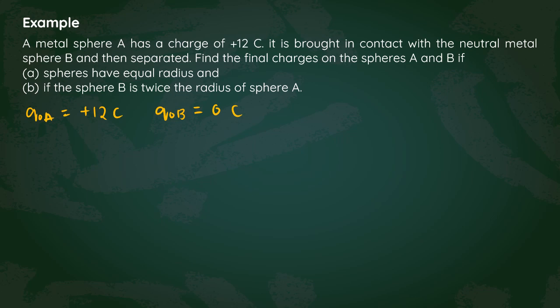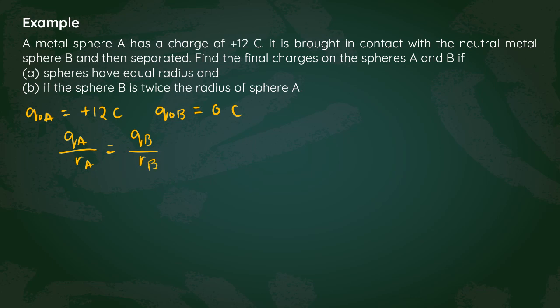Now, the radius is still proportional to the charge of the sphere. So again, it's QA over RA is equal to QB over RB.